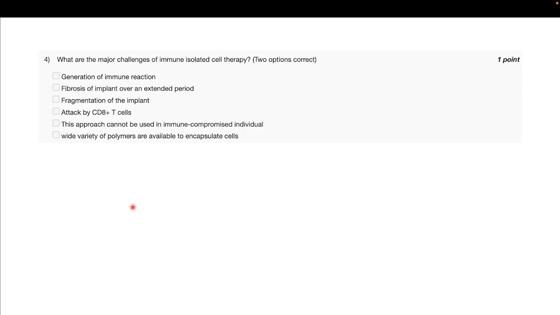Anyone knows the answer? Wants to give it a try? Option 4 and 5. Attacked by CD8 plus T cells, and this approach cannot be used in immunocompromised individuals. Okay, thanks for answering.